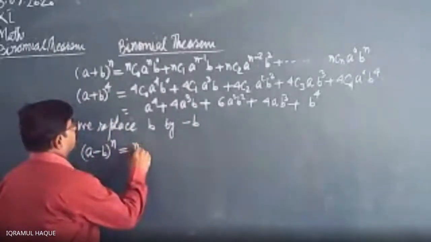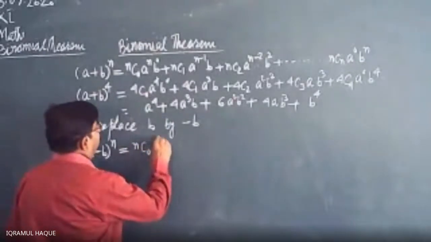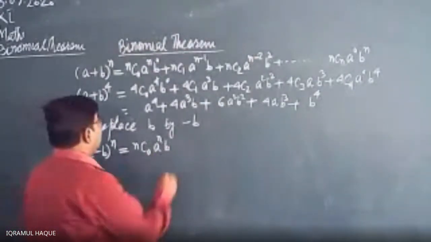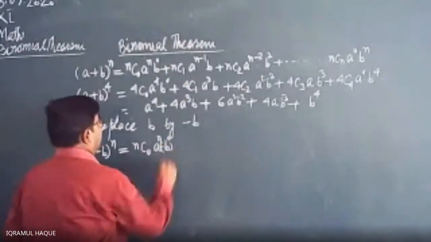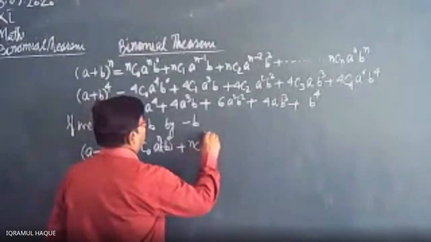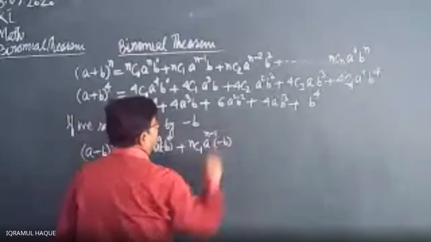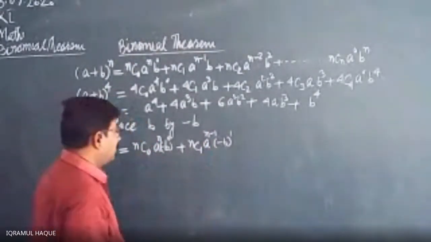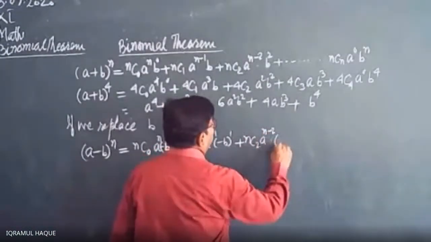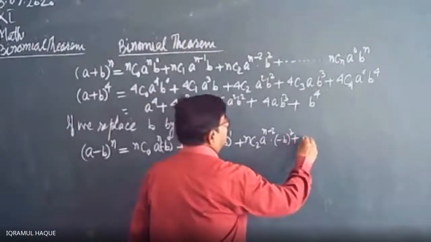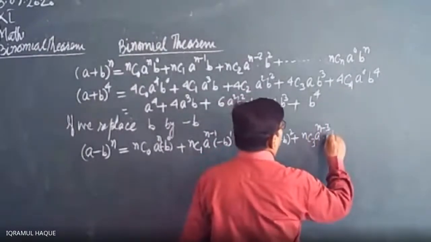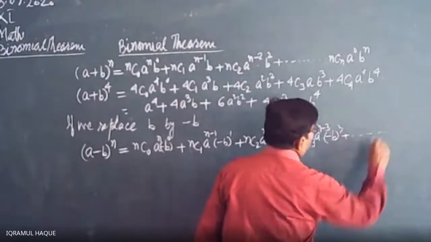First we write nC0 a to the power n into minus b to the power 0, plus nC1 a to the power n minus 1 into minus b to the power 1, plus nC2 a to the power n minus 2 into minus b to the power 2, plus nC3 a to the power n minus 3 into minus b to the power 3, plus so on.